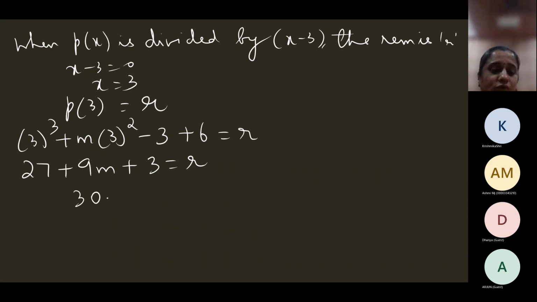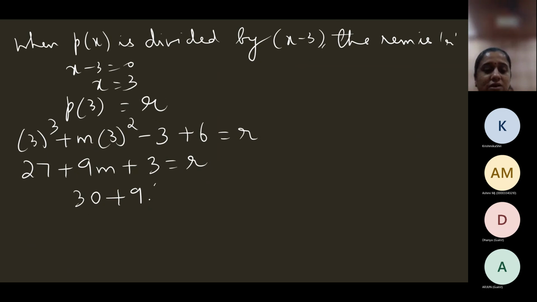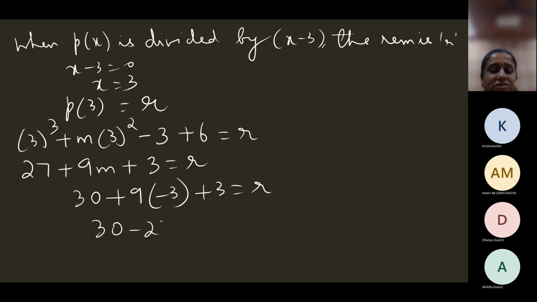Oh, okay, we have the value of m. Plus 9 into what's the value of m? -3. Okay. 30 plus 9 into -3 plus 3 is equal to r. So 30 minus 27 plus 3 is equal to r.